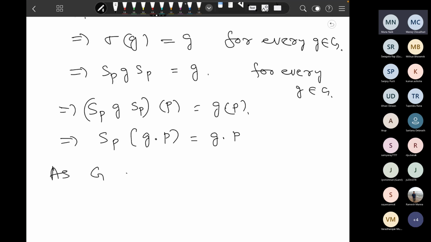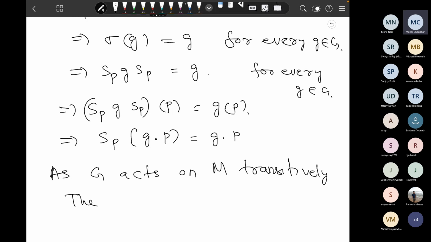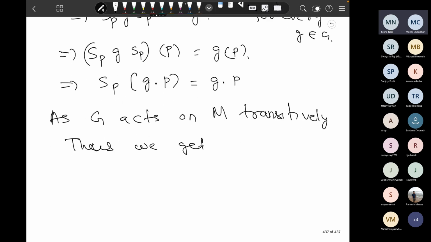Now as G acts transitively, thus we get that s_p is equal to identity, which is a contradiction because s_p is strictly an inversion. So which is a contradiction.